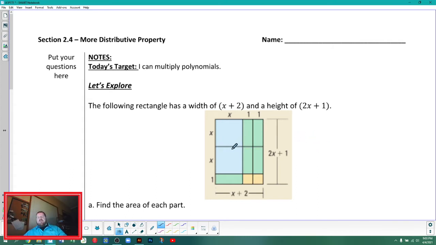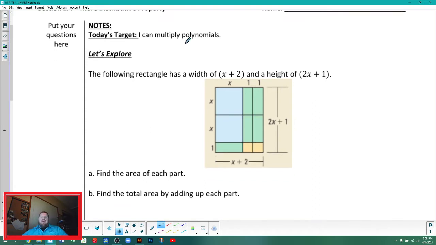For the first thing, we want to find the area of each part. We have a bunch of different parts here, and they all come about by multiplying x's by numbers, x's by x's, or numbers by numbers, and the numbers are all 1, so it should be relatively straightforward. This first piece is a square, x by x, so x times x gives x squared.